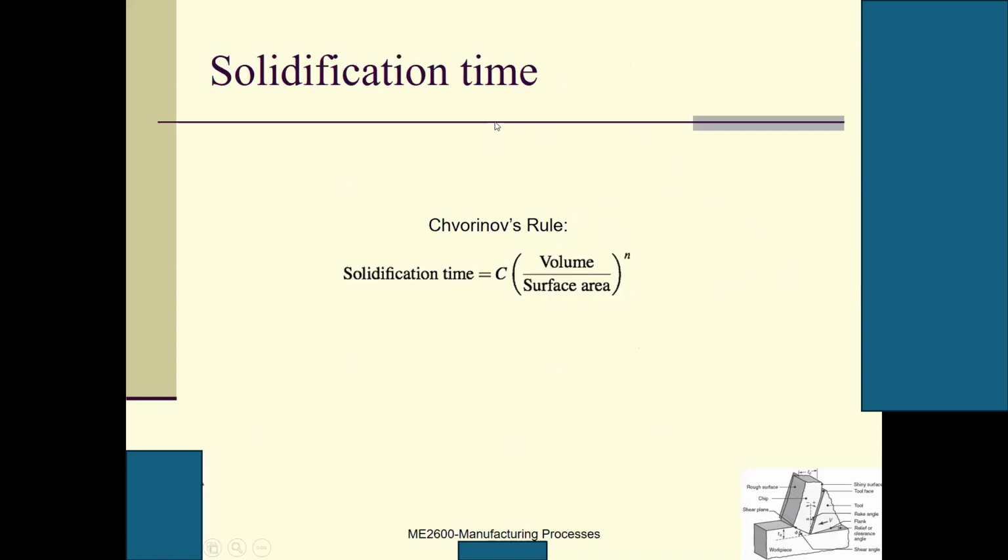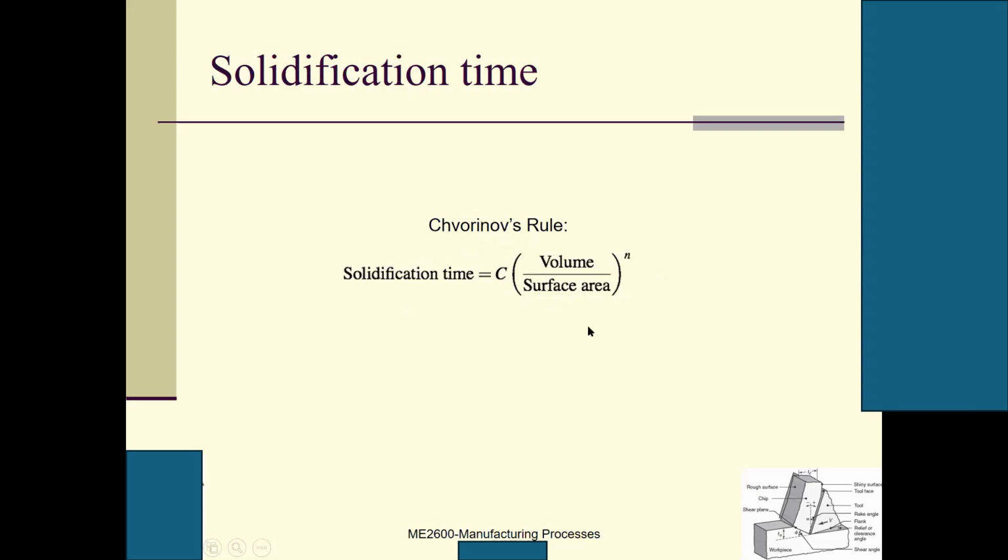And so this is the solidification time. Here is Chvorinov's rule: solidification time equals C multiplied by the volume over the surface area, to the power n. How accurate this rule is depends on what kind of material you are using. So C is dependent upon the material.